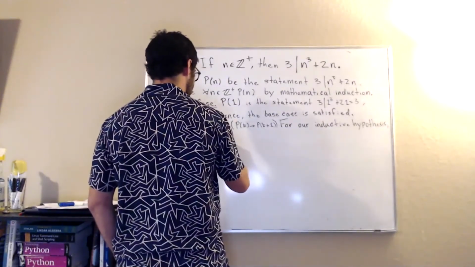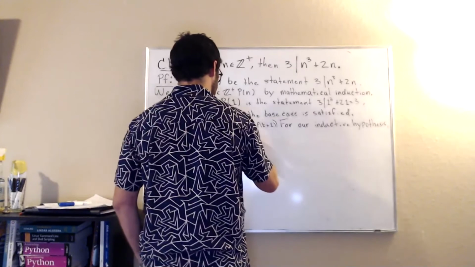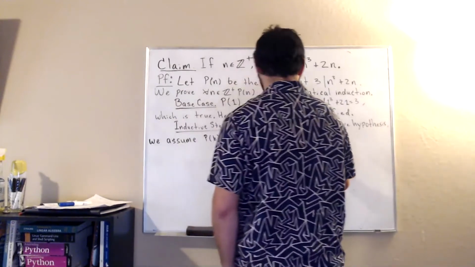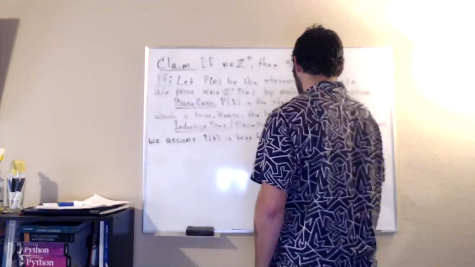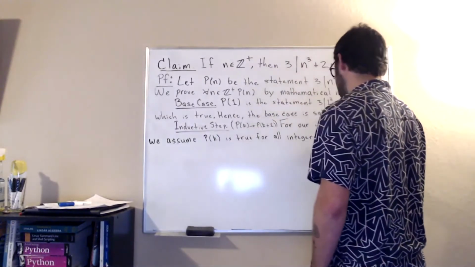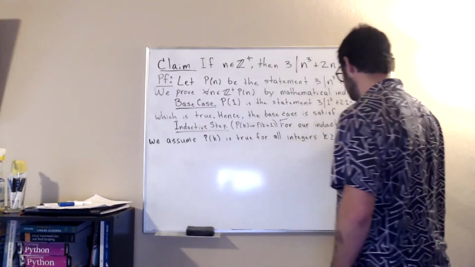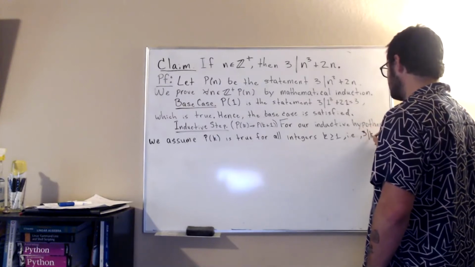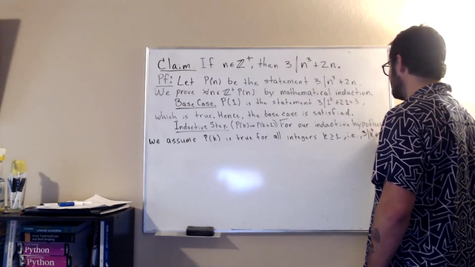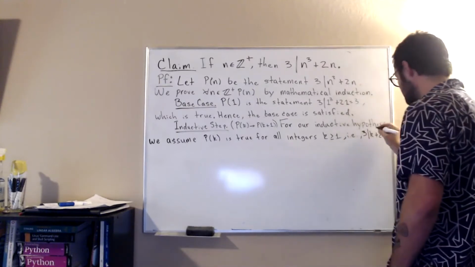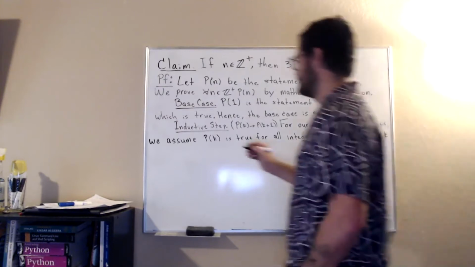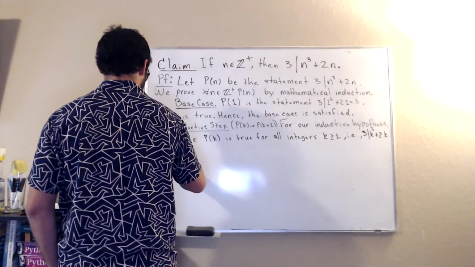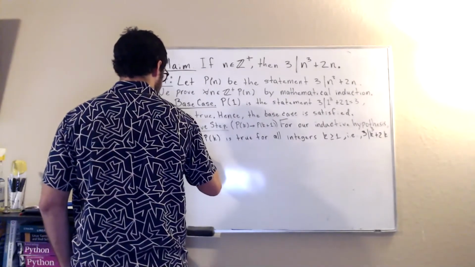I'll write it out. P of k is true for all integers k greater than or equal to 1, i.e. 3 divides k cubed plus 2k, cubed right there, for all integers k greater than or equal to 1.